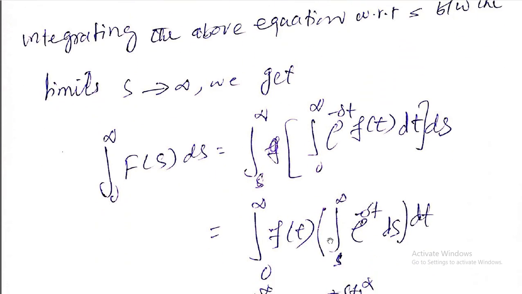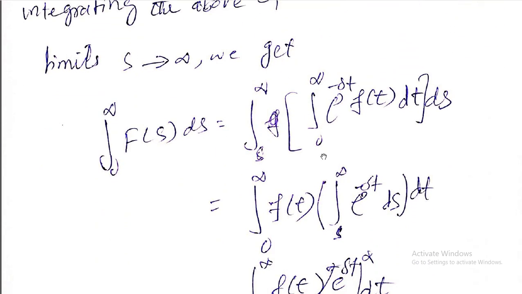Now on the right hand side we have two integrals: the integral from 0 to infinity of e to the power minus st f of t dt, and the integral from s to infinity with respect to ds, taken on both sides.